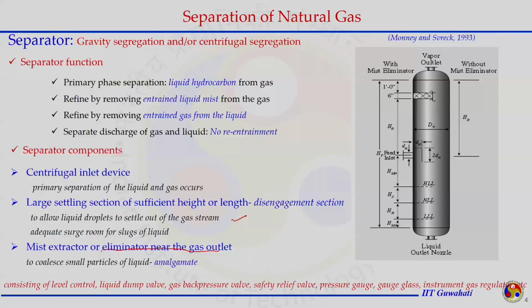They need to be separated, and they can be separated with the help of a mist eliminator put at the end of the disengagement section, where the small droplets coalesce, forming amalgamation and creating large size drops, and because of gravity they fall down again and get separated from the gas.